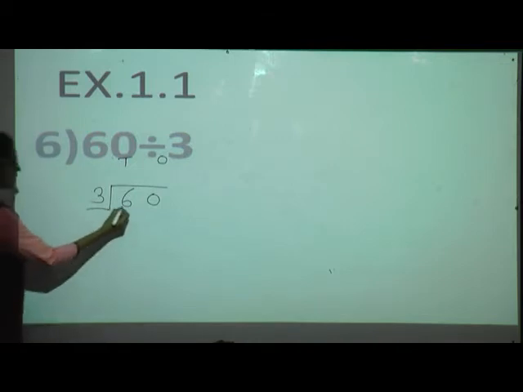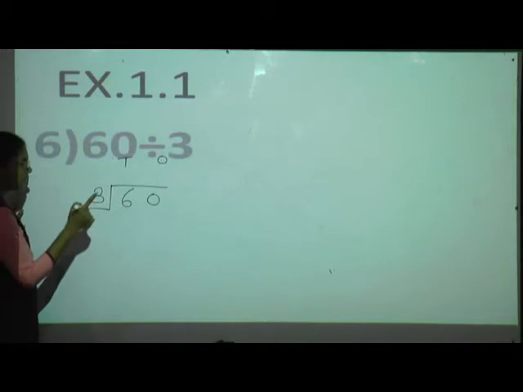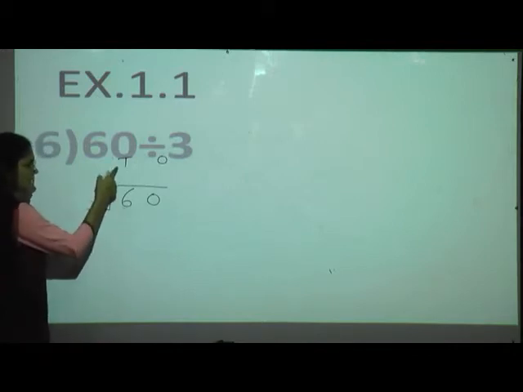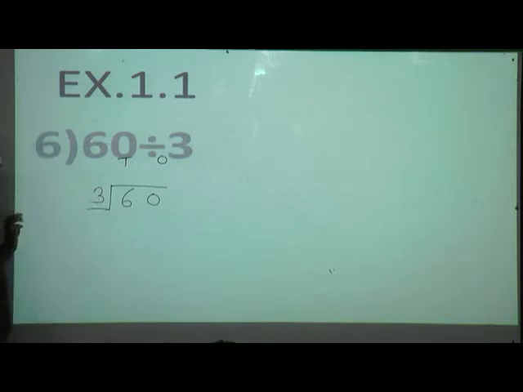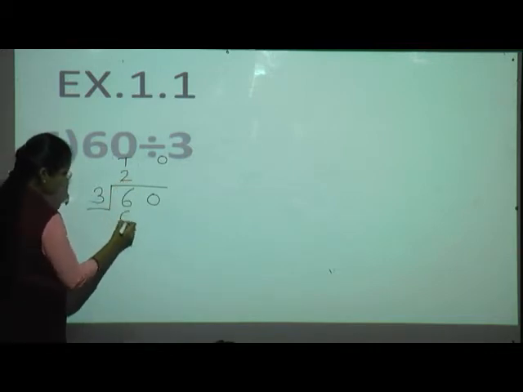Now 6 divided by 3. This we have to do in the first step. Now in 6 tens, how many 3s are there? There are two 3s. So 3 twos are 6.